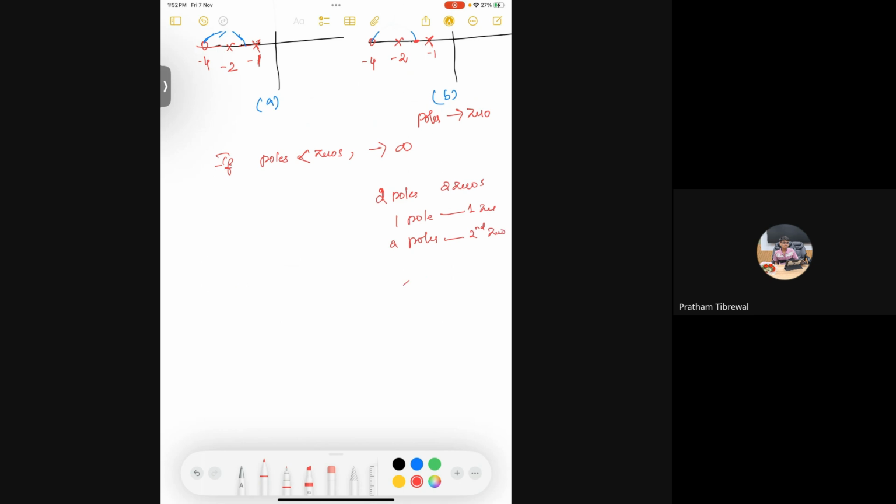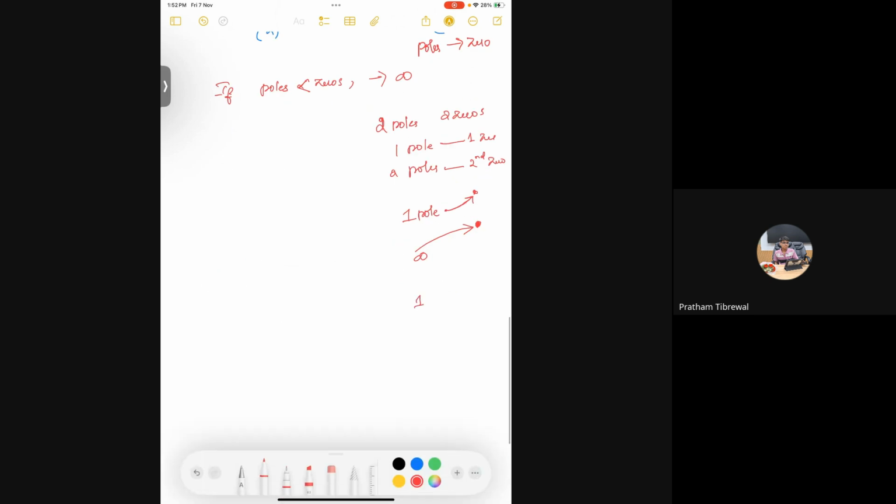If I have only one pole but I have two zeros, how can I manage? From this pole, one root locus will go to a zero, any of the zeros. It depends on the system's properties and the gain you are changing. Let's take that this root locus is going to this zero. So for the other zero, the root locus will come from infinity.